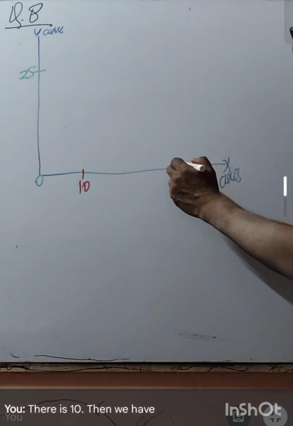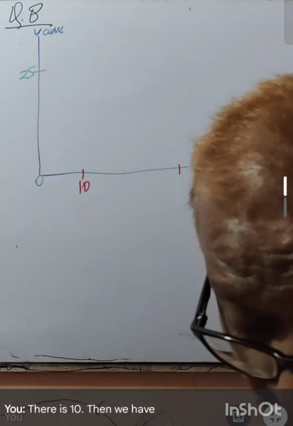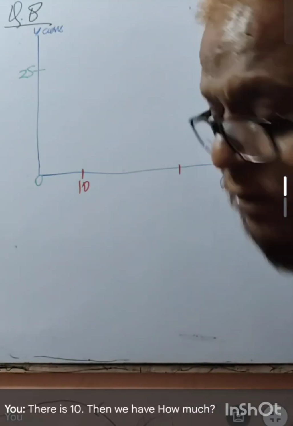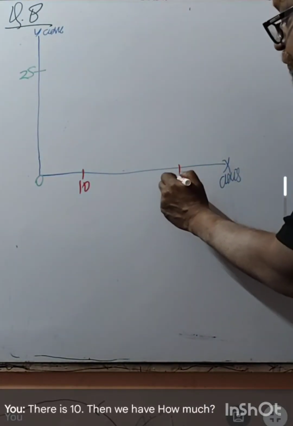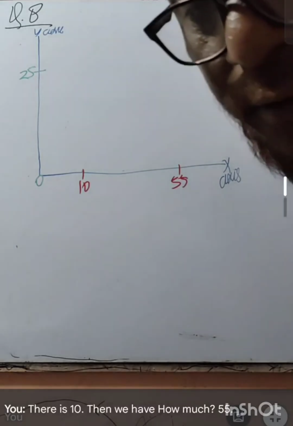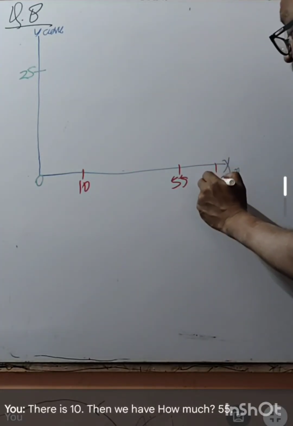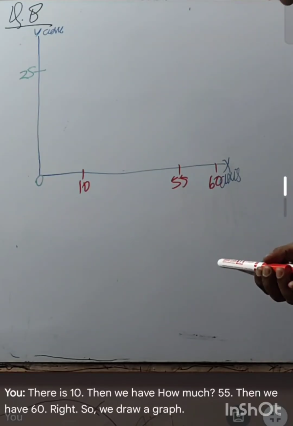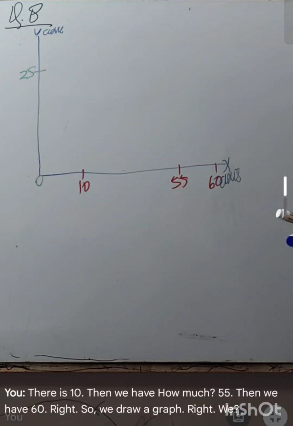Then we have 55. Then we have 60, right? So we draw a graph like this.